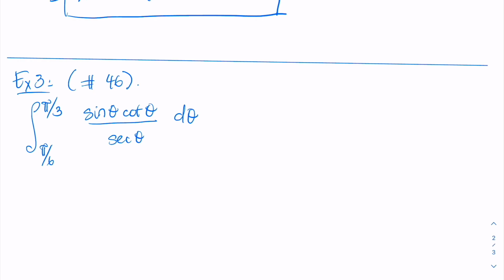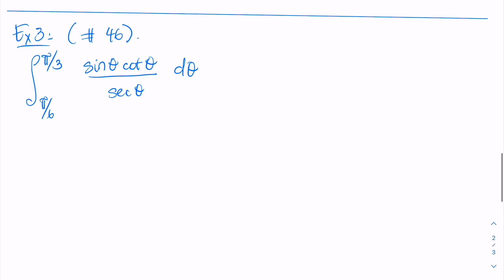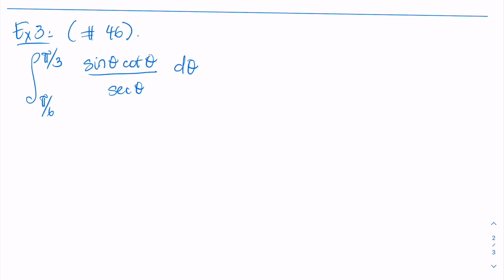Every time you have trig functions, the first thing you should do is try to simplify it using all the trig identities that you know. So for these fractions, I would first try to simplify it. Cotangent turns into cosine theta over sine theta.